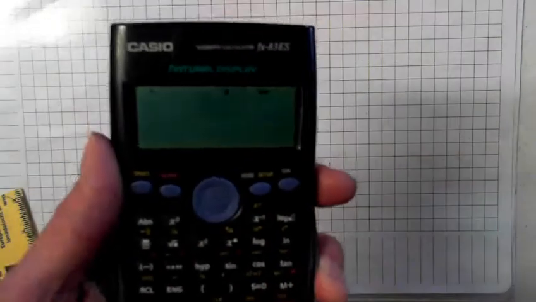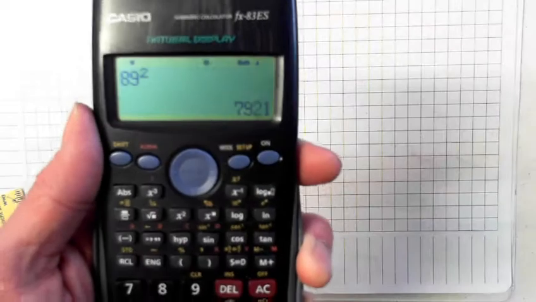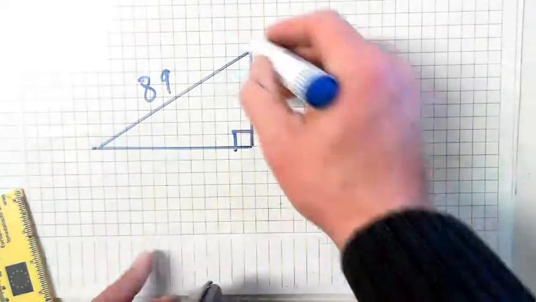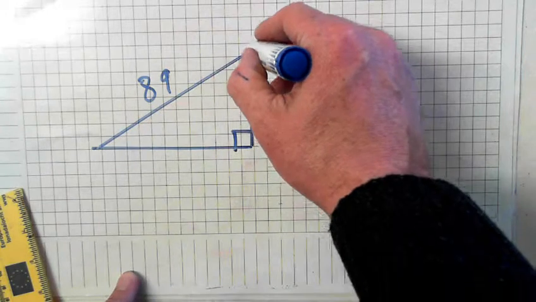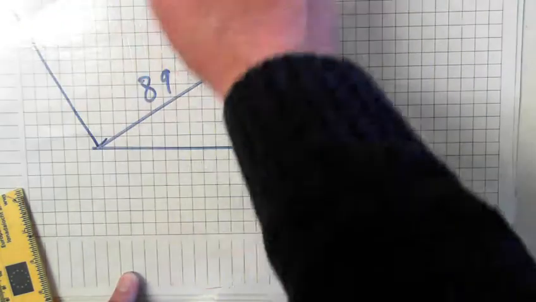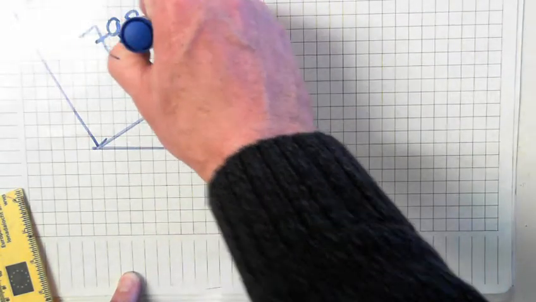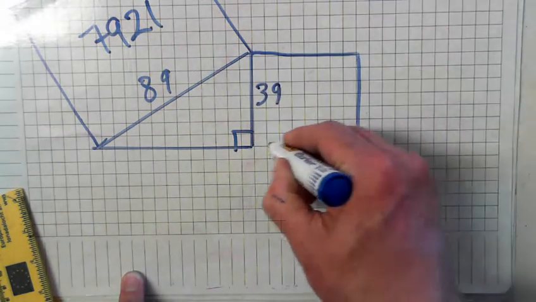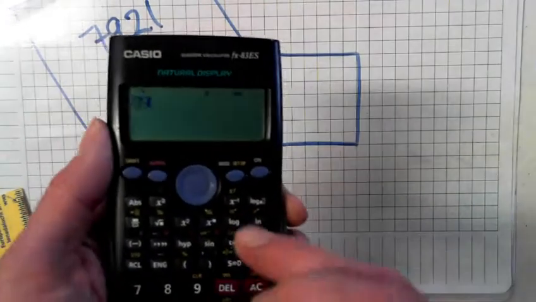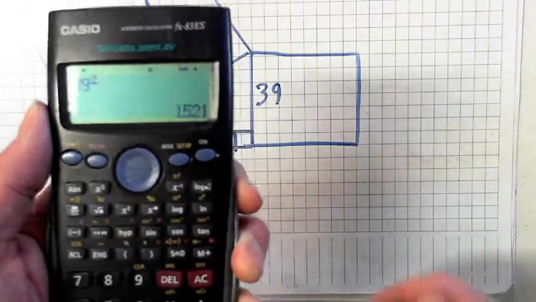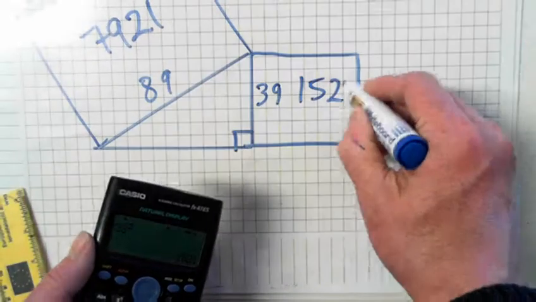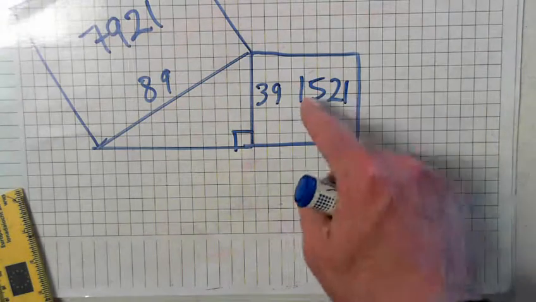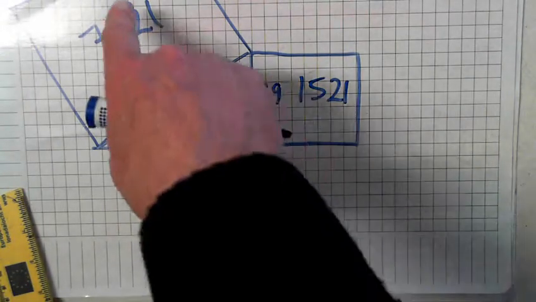So we go 89 squared. We square 89, 7921. So the area of this field up here, 7921. Get the area of this field here, 39 squared, 1521. Alright, so these two fields added together will give me this one up here.